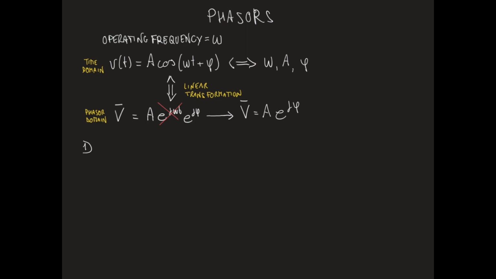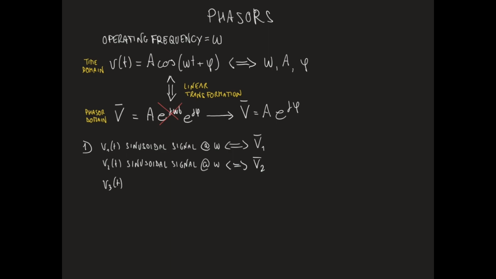Suppose v1 is a sinusoidal signal at angular frequency omega with corresponding phasor V1 bar, and v2 is a sinusoidal signal with the same frequency and the corresponding phasor V2 bar. Suppose also that v3 is the sum of v1 and v2, and that V3 bar is the representation of v3 of t in the phasor domain.